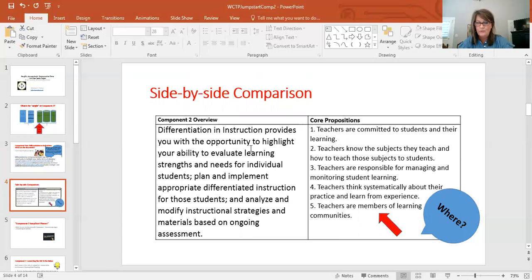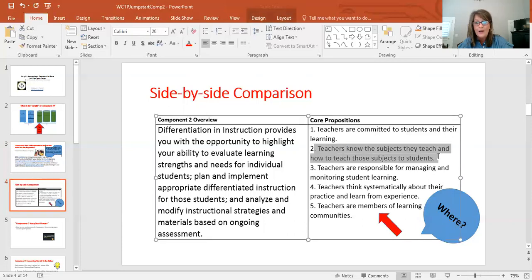And then when you plan and implement differentiated instruction, that shows us that you know your subject and how to teach it to these particular students, okay? And then this ongoing assessment, that is that you are responsible for managing and monitoring the learning. When you modify, that shows that you're thinking systematically about your practice and learning from experience.